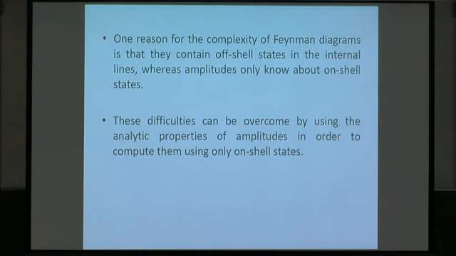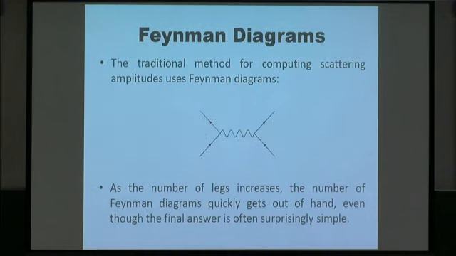Feynman diagrams have off-shell states which are flowing through the internal lines, but scattering amplitudes only know about on-shell states. So when I say on-shell, what I mean is that the momentum squared is equal to the mass squared. This is just a consequence of classical special relativity.